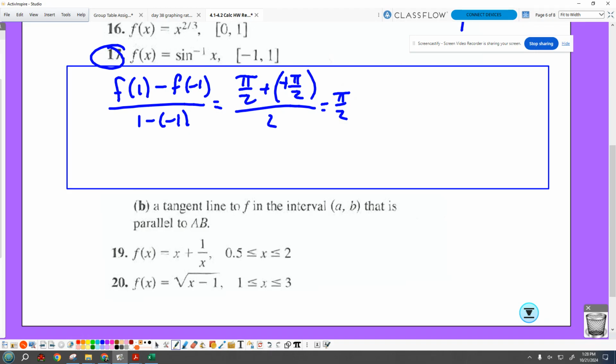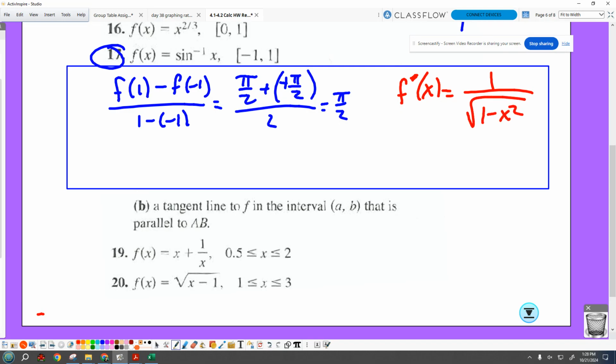Emmett, how do I find the instant? We have to do the derivative of sine inverse of x. Correct. So the derivative of x is what? 1 over the square root of 1 minus x squared.